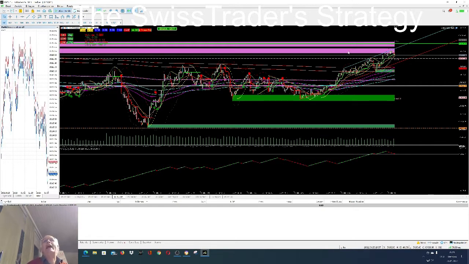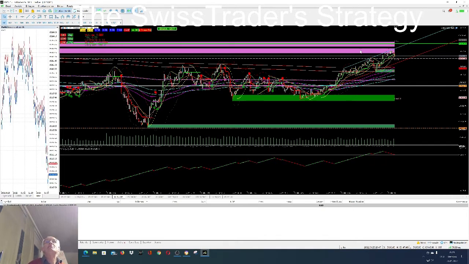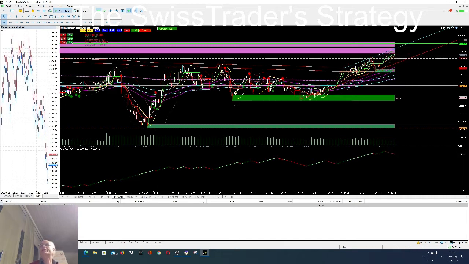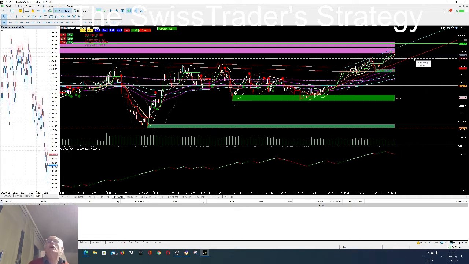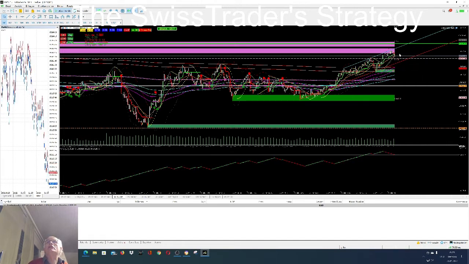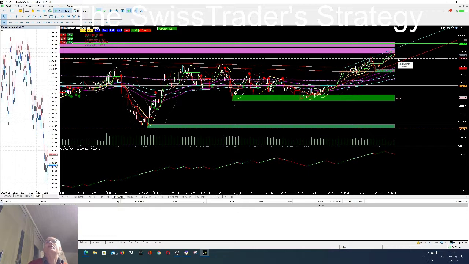Here you have a supply zone. That means it might go short, but you have to have many hints together to decide if you go short.